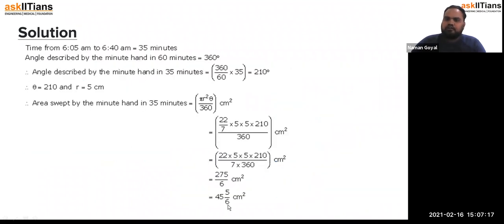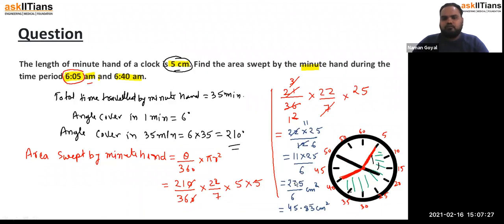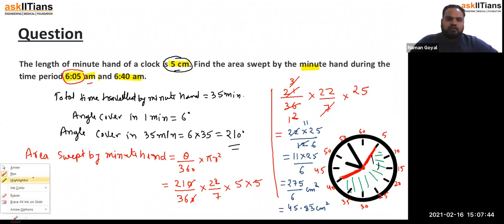Either you can convert it into a mixed fraction also. If you see here, we got the same answer, right? 275 upon 6, and in the previous slide we also got 275 by 6. If you want to convert it into a mixed fraction, you can, and if you want decimal form, you can also convert it, right? Now what we do first, we have to see how much angle it covers in that time, okay?